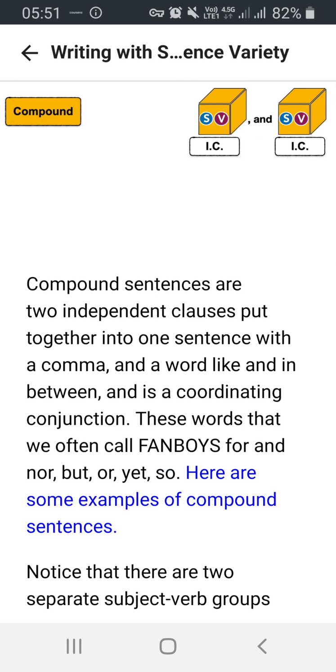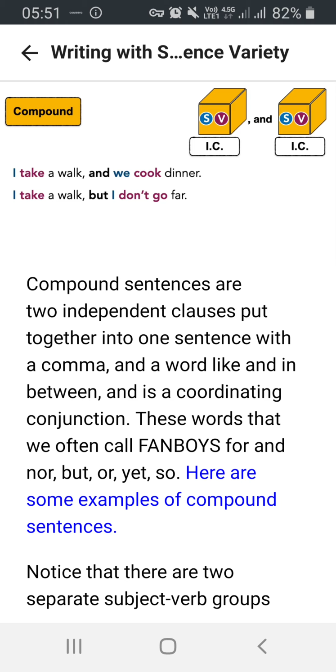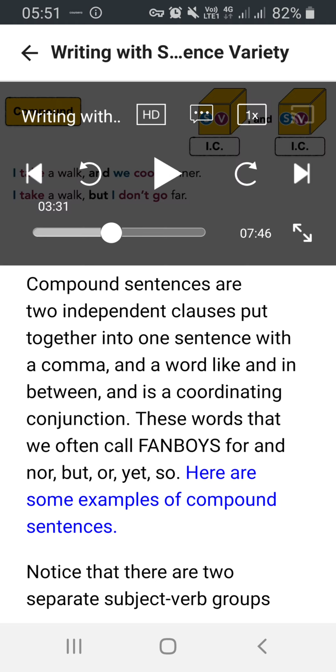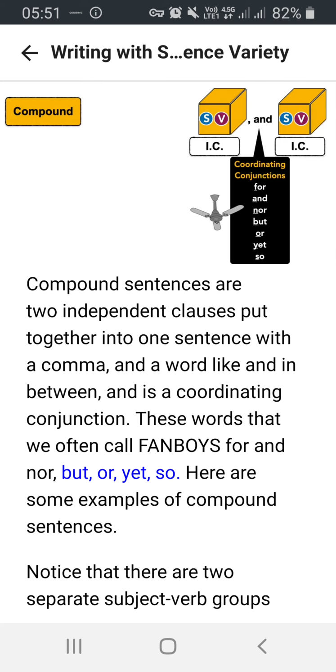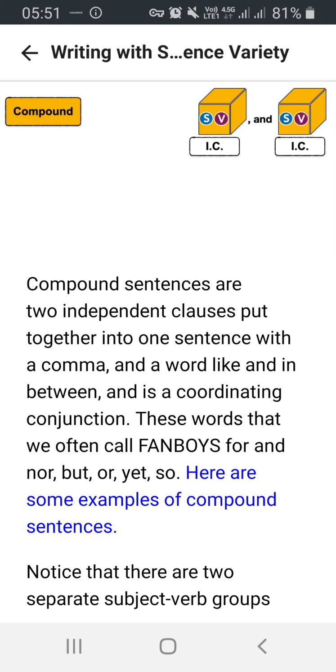Here are some examples of compound sentences.